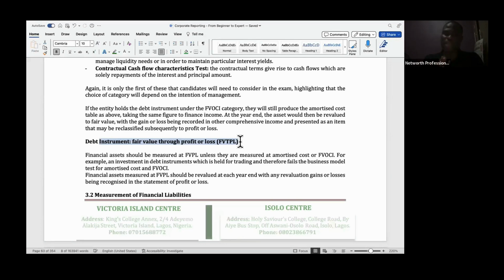However, if you don't want to measure it that way, then you start looking at the business model and the contractual cash flow, which will dictate whether you classify it at amortized cost or at fair value through OCI. But by default, the classification is fair value through P&L.